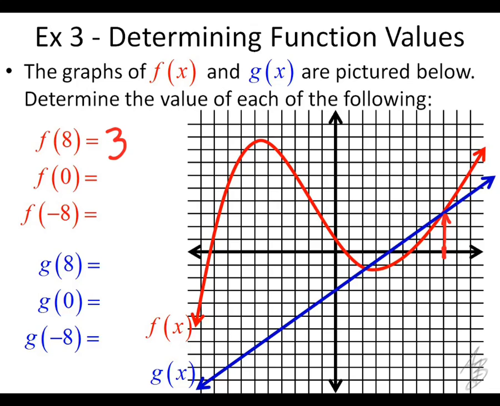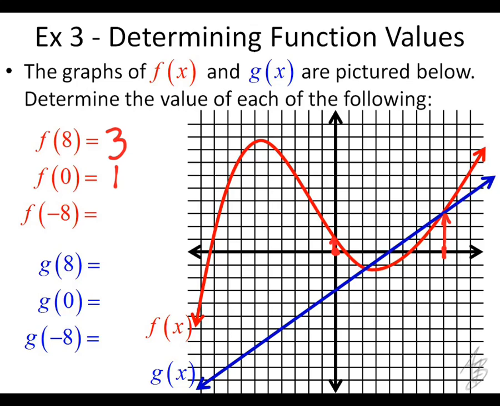All right, how about f of 0? Aaron? So we're going to start at the origin right here, because that's where x equals 0. And to get to the f of x, we have to go which way, Aaron? Up. So we go up 1. That means that f of 0 is 1.